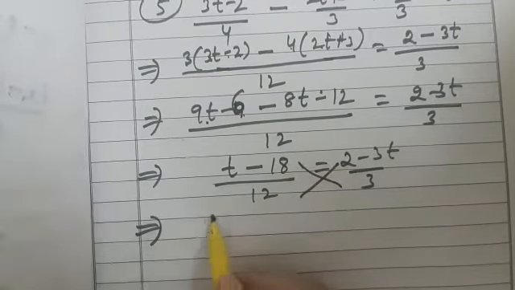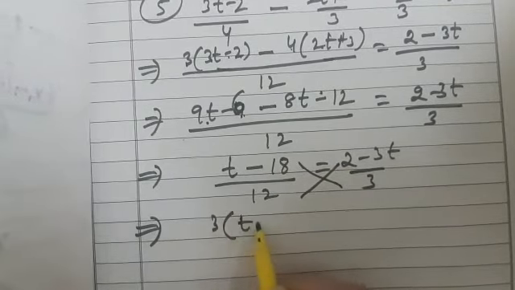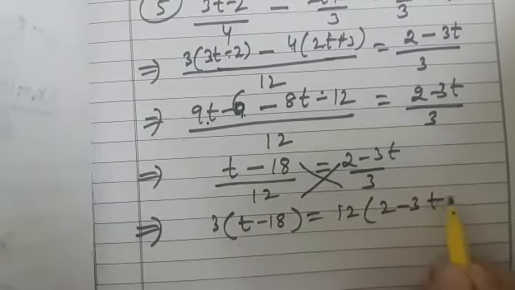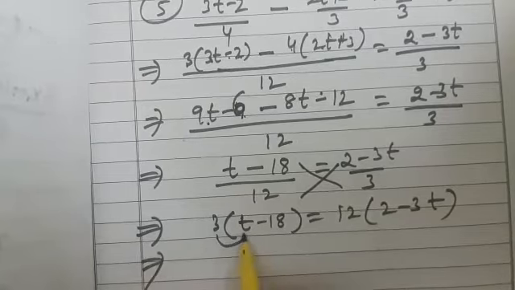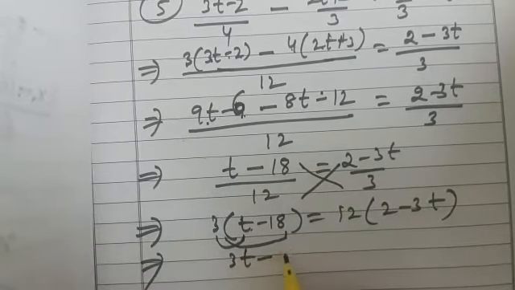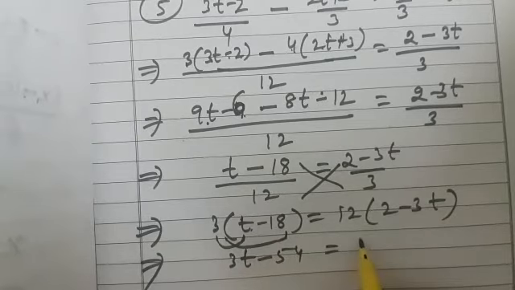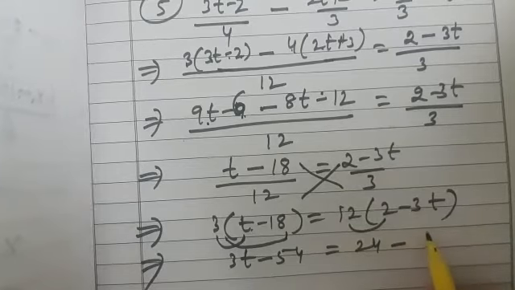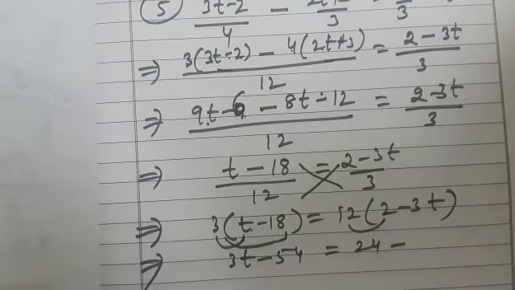So what will be the next step? 3 into t minus 18 is equal to 12 into 2 minus 3t. Apply distributive law. 3 into t is 3t, then 3 into minus 18 is minus 54, 12 into 2 is 24, 12 into minus 3t is minus 36t.